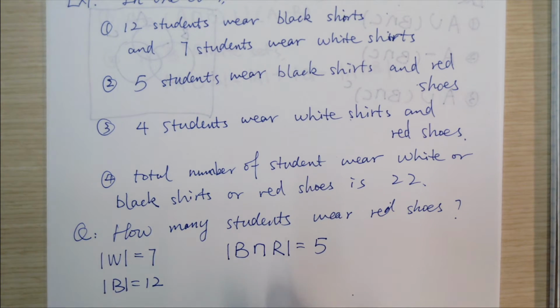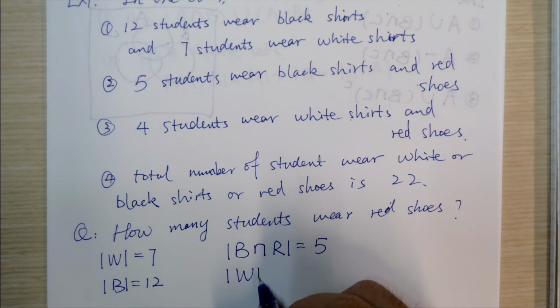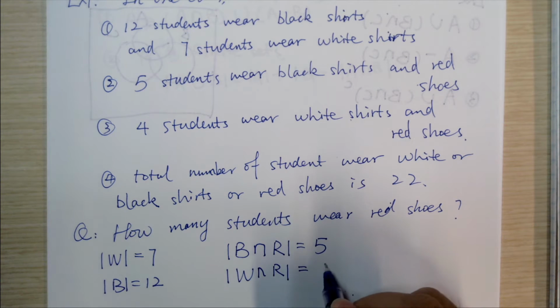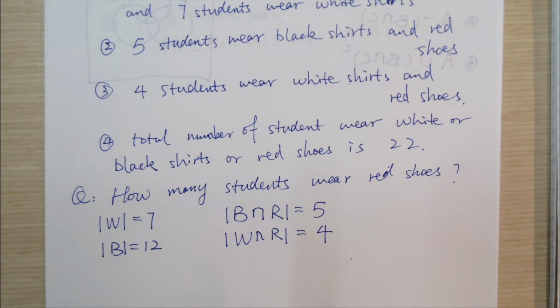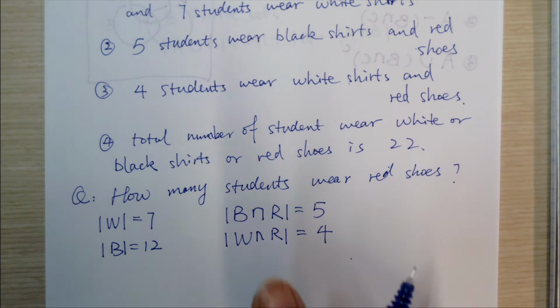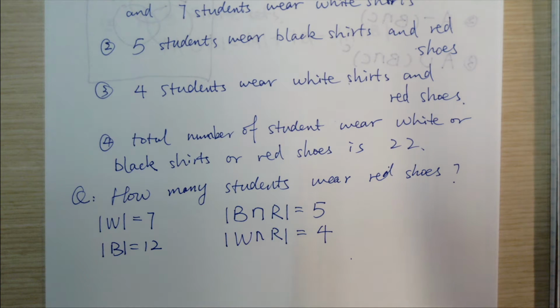Okay, students who wear white shirts and red shoes is 4. Okay, that's what we have. Well, we actually have one more piece of information that it didn't tell us directly, but we know.